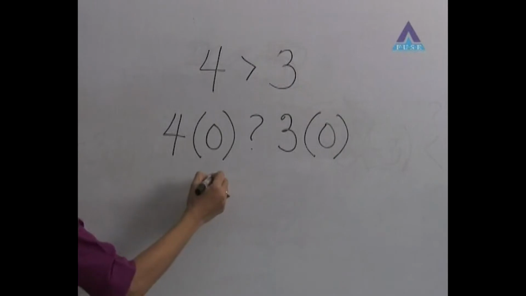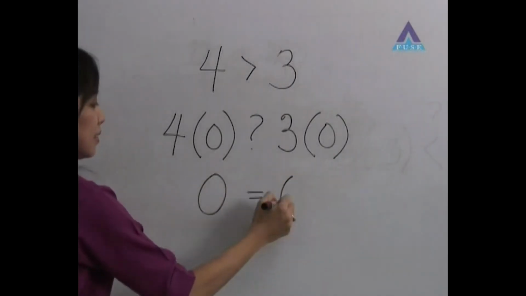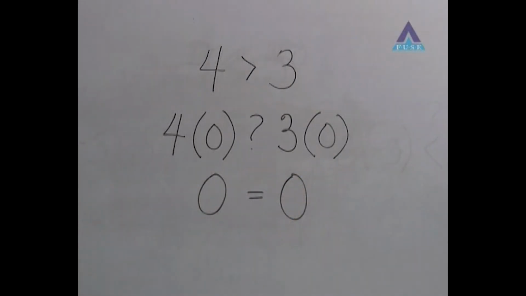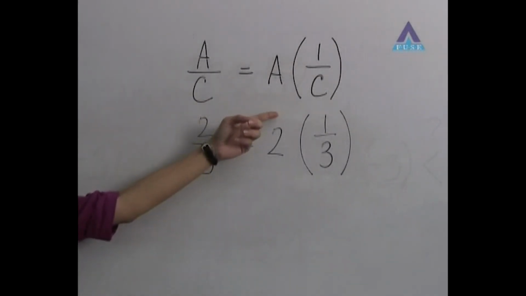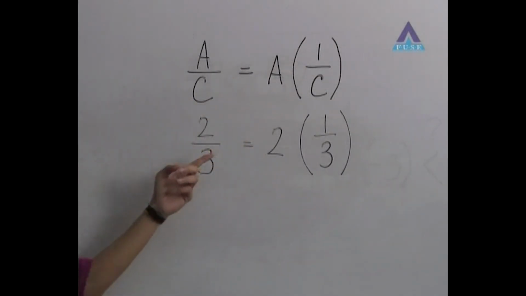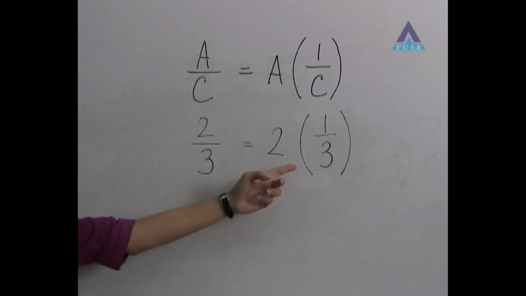Both sides will become 0, so it won't be an inequality anymore. That's right. Ma'am, what if instead of multiplying, we divide the inequality by the same number? Well, if you remember, a over c is equal to a times 1 over c. Like 2/3 is the same as 2 times 1/3. That means division is subsumed under this property, the same way subtraction is subsumed under the addition property.